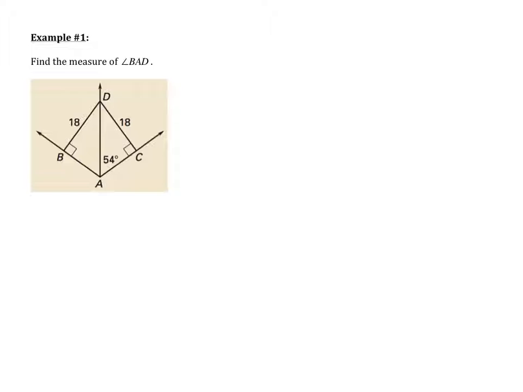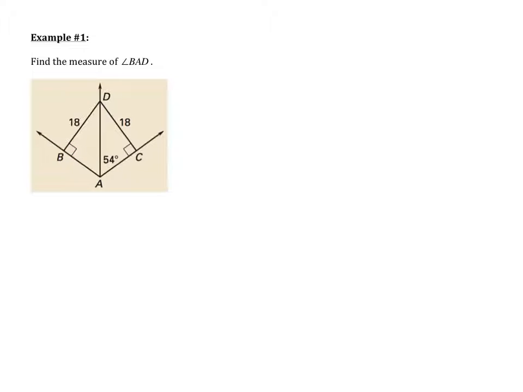Here's our first example. Number 1, find the measure of angle BAD. So here's BAD right here. We have an angle BAC and a point D on this ray. At this point, we are unsure if this is the angle bisector of angle BAC. We notice that from D to AC, it is perpendicular, and from D to AB, it is perpendicular.